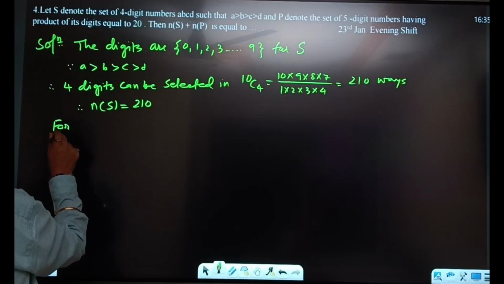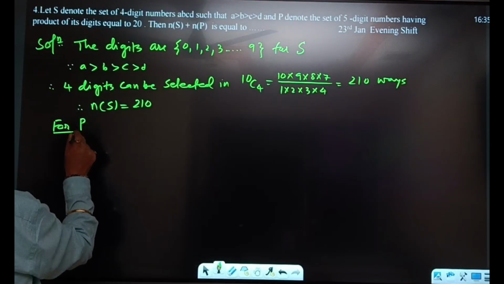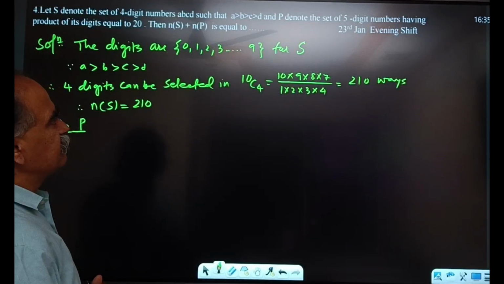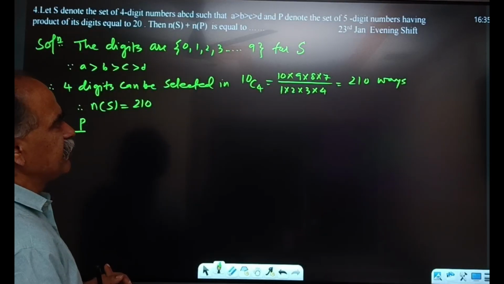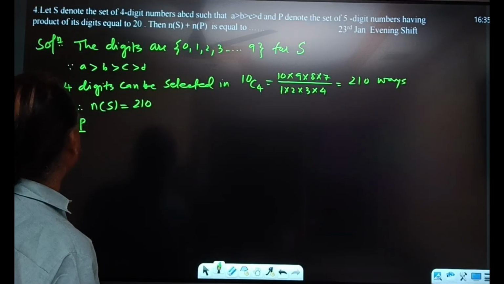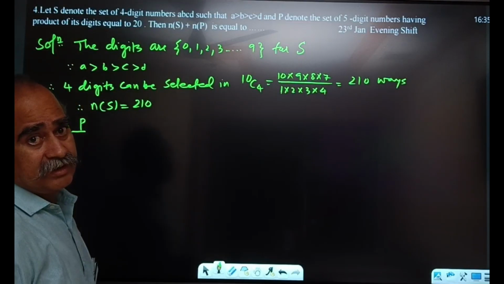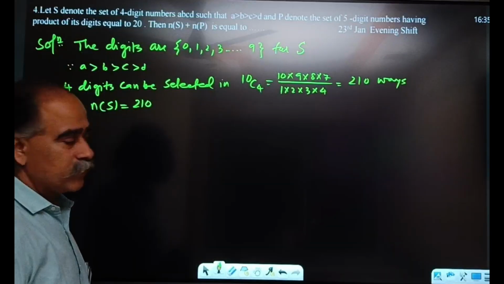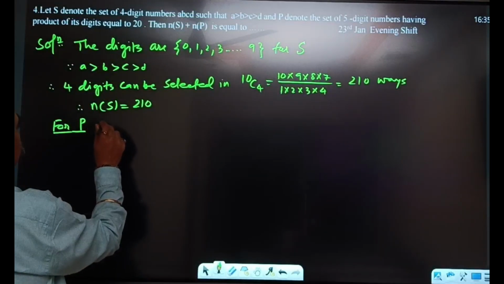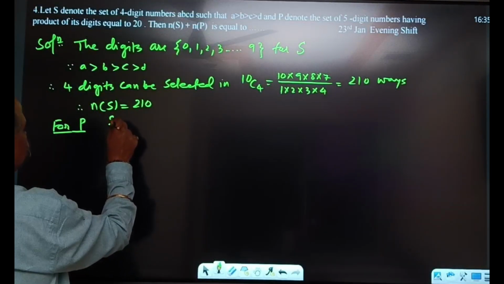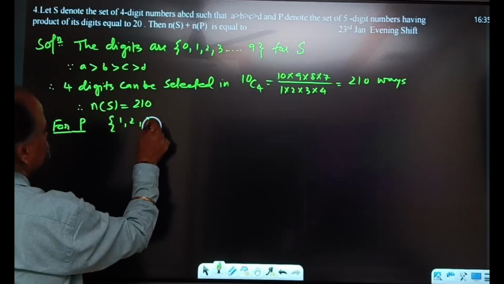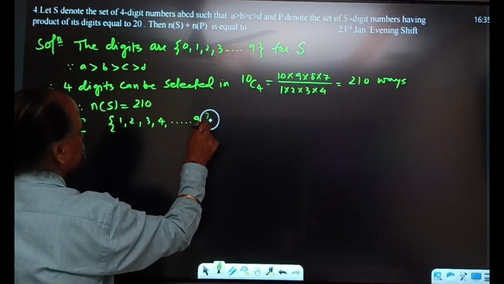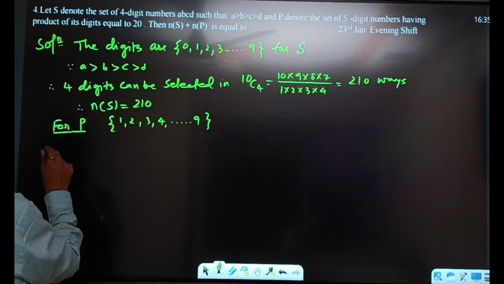For P, in case of P, product of the digits is 20. We are selecting 5 digits. Product should be 20. So to get product 20, 0 cannot be selected. The digits will be from 1, 2, 4, 5. Case 1.